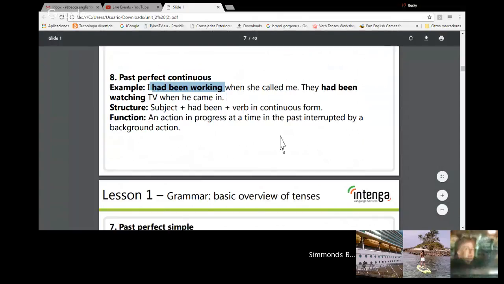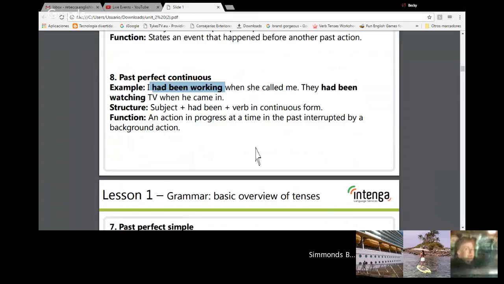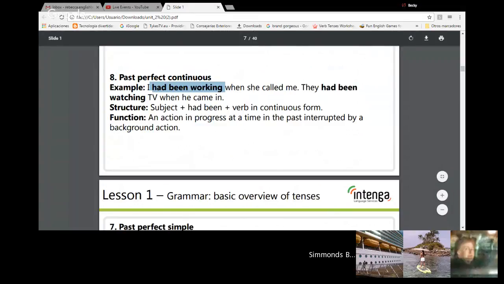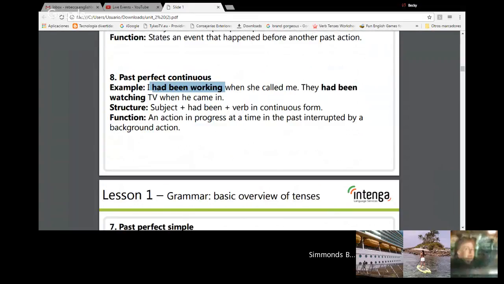The background action is the working part. All right, any questions? That might be a little confusing. Any questions? So you said it doesn't have much difference, but maybe is there a nuance difference between these two sentences?